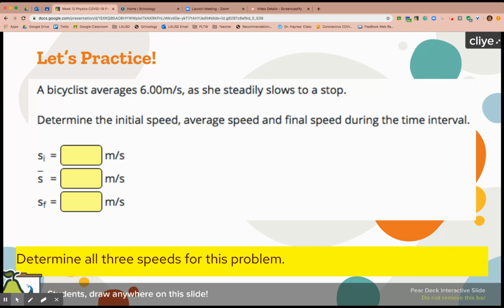Okay, I see someone writing the variables in. Good. Nice. So we know our average and we know our final. So now we get to determine our initial speed.